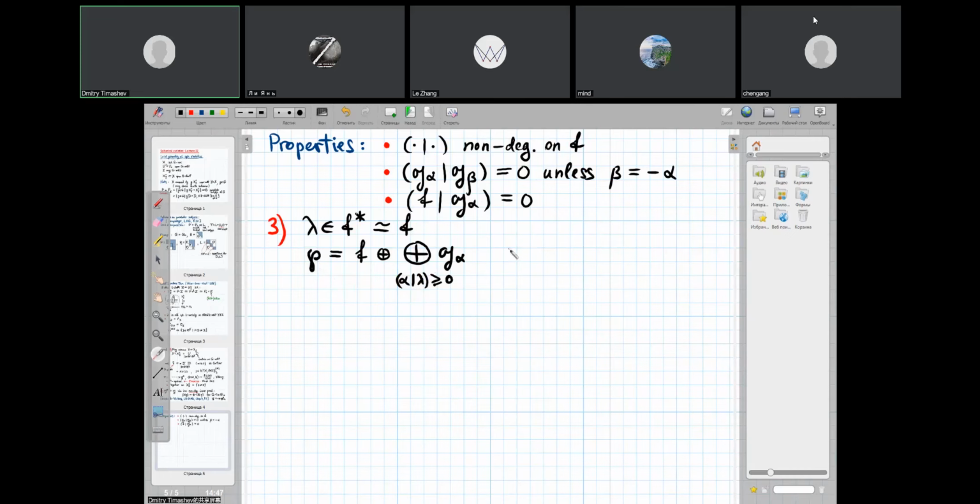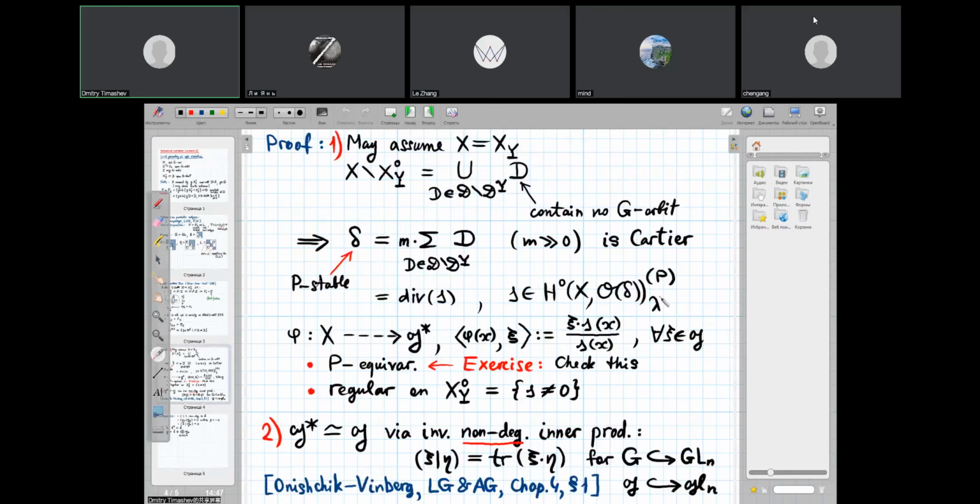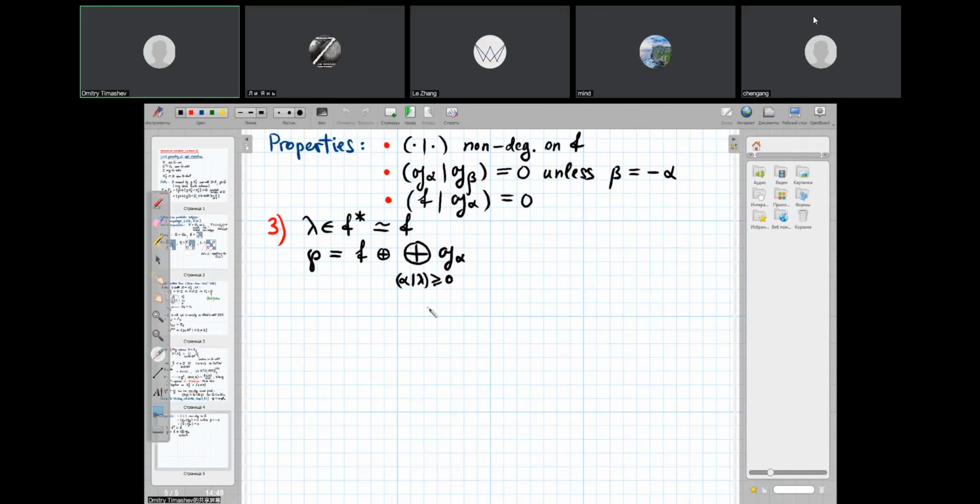This again stems from representation theory, because this lambda is the eigenweight of some P semi-invariant vector, this S. It follows from the representation theory of reductive groups that the stabilizer of the line generated by S, this P, which contains P, is exactly of this form. Actually, P is the stabilizer of this divisor. So this is the structure of the Lie algebra of P.